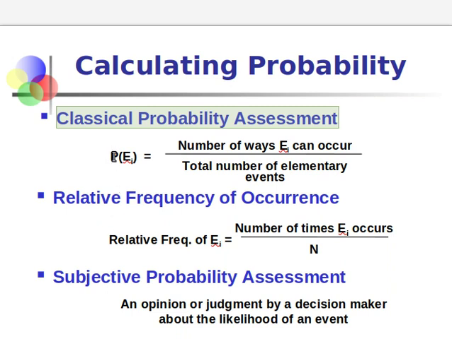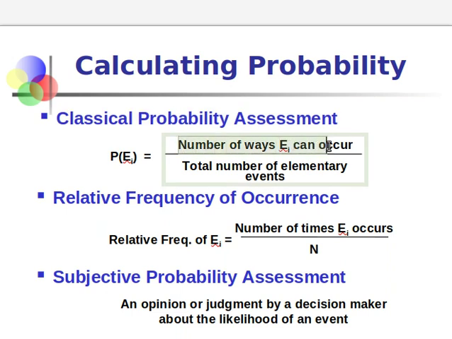This is defined as the probability of E sub i equals the number of ways E sub i can occur, the event of interest, over the total number of elementary events, the sample space.